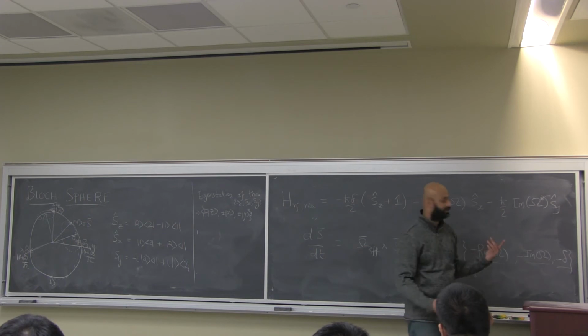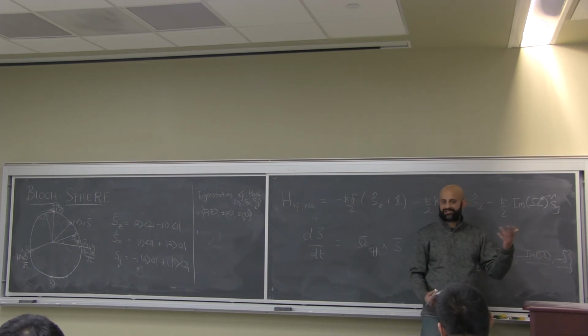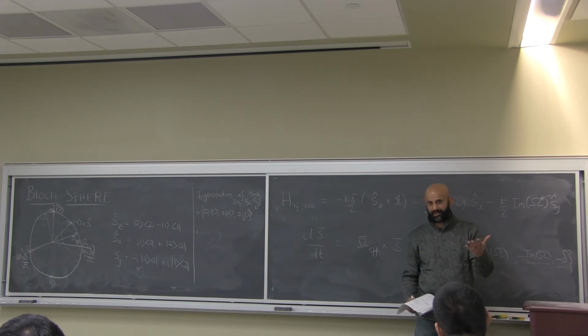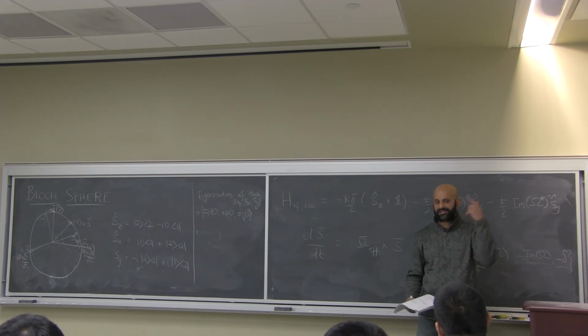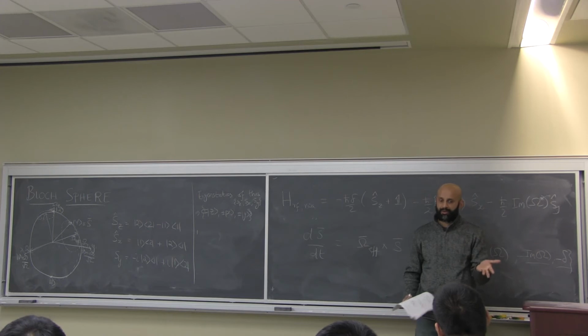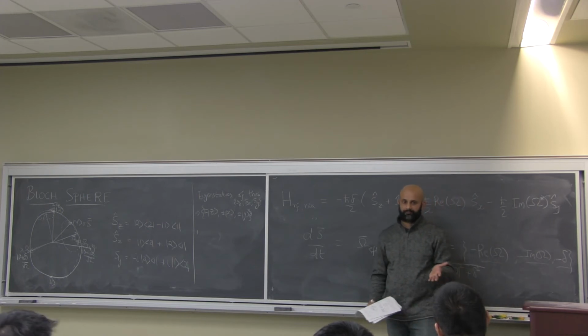Because this is like changing, say, e to the i omega to e to the i omega plus some delta. Okay? So I just moved to some rotating frame that's different. So it looks like there is a phase accumulating on the states, but you have not changed the probability to be in that state. The probability remains the same.